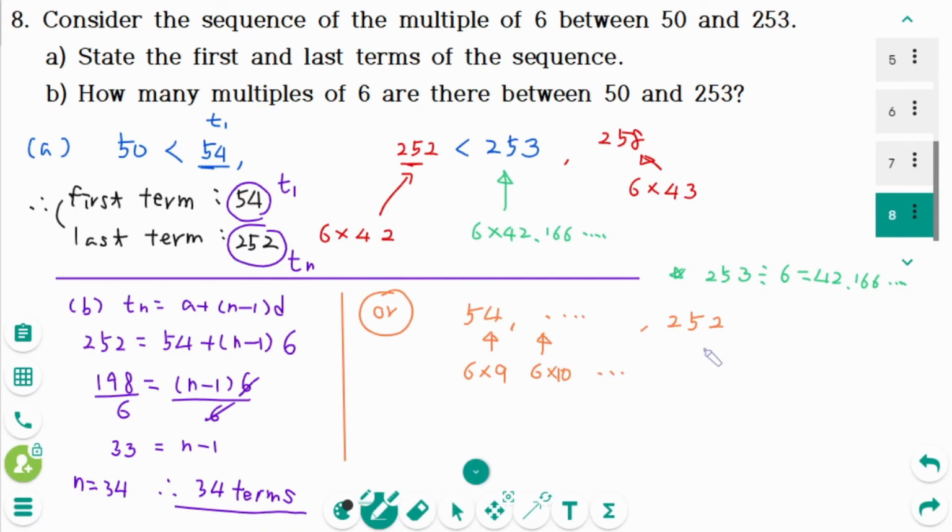Keep going, then the last one is 6 times 42. Then think about only the numbers: 9, 10, 11, keep going until 42. Then how many numbers are there? 42 minus 9 plus 1, which is 34. We have the same answer.